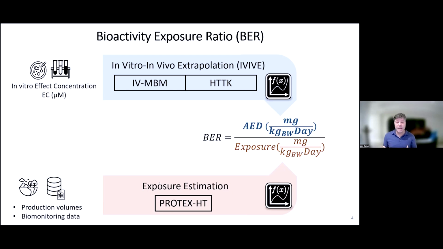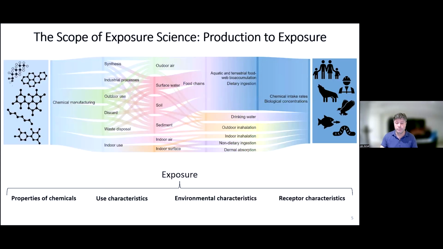So I always advocate that it's good to look at merging measurements and models together. And when you're in a very data poor situation, maybe all you have is a production volume. And in that case, we can use the models that we've been developing that I'll describe briefly, called the PROTEX-HT model, to get an estimate of exposures to humans and ecological receptors. All right.